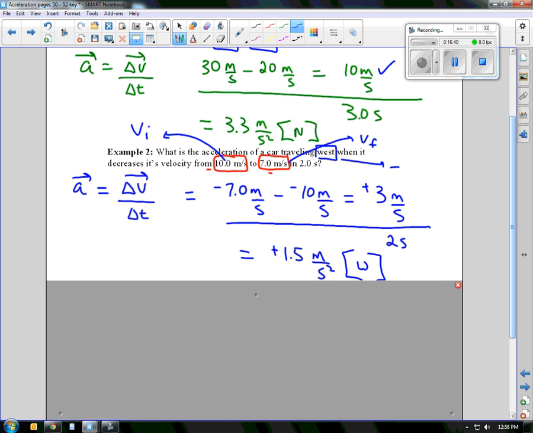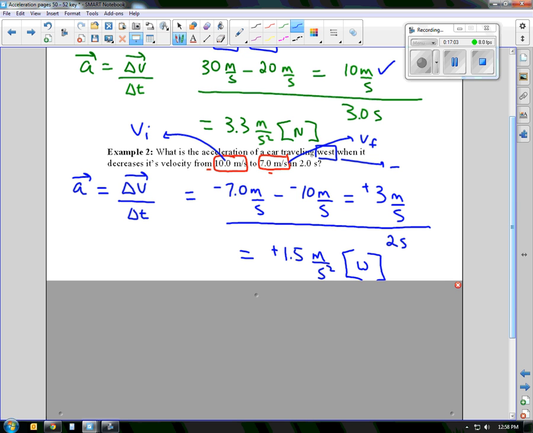And then you all know that subtracting a negative is the same as adding a positive. So your math then goes negative 7 meters a second plus 10 meters a second gives you a change in velocity of 3 meters per second, positive 3 meters a second.